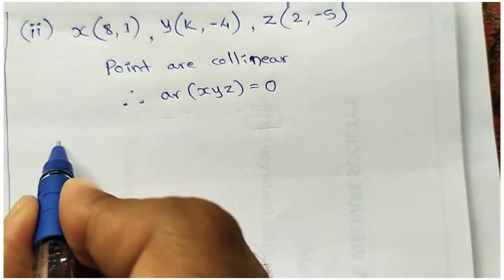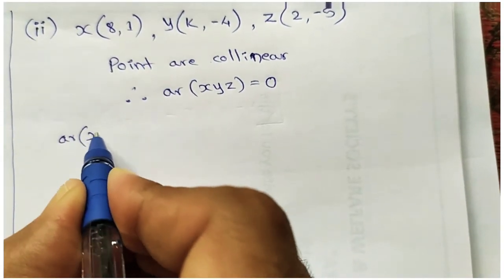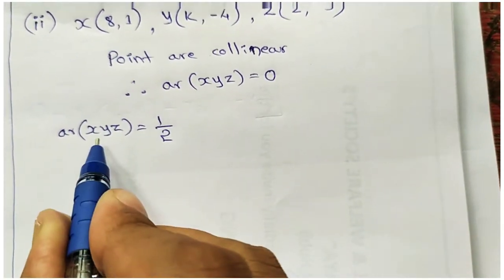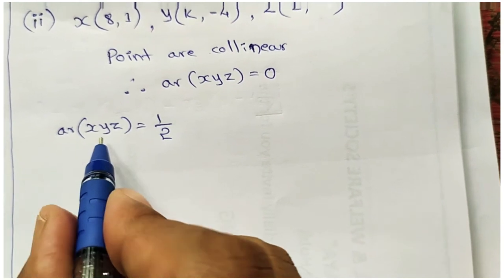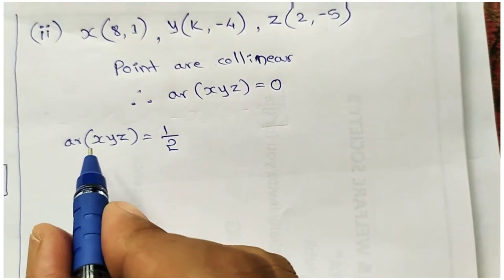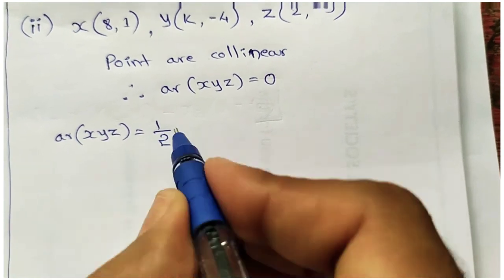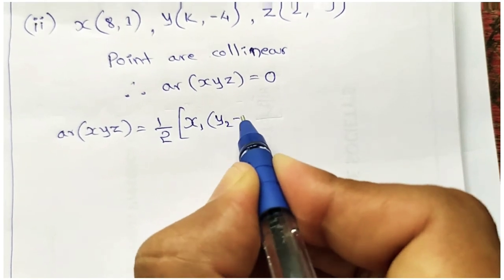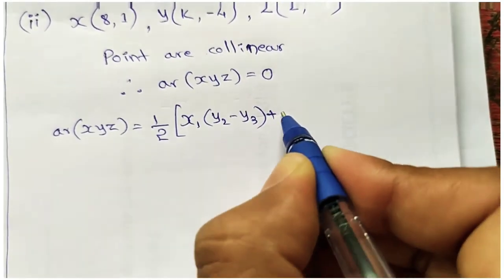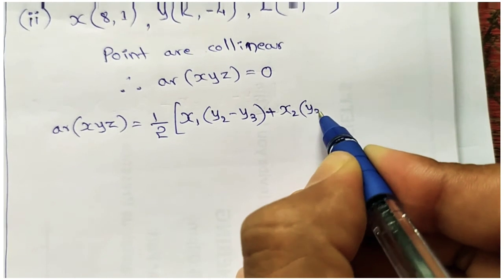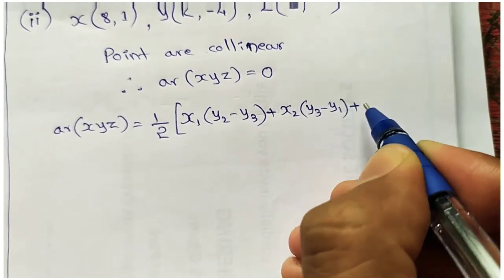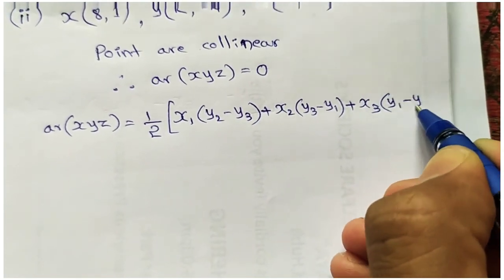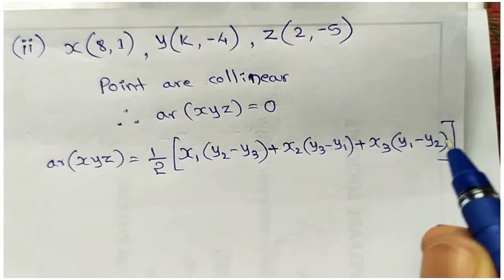Using the formula, area of x, y, z equal to 1 by 2 into x1 into y2 minus y3 plus x2 into y3 minus y1 plus x3 into y1 minus y2. You can take any alphabets here, or else you can directly take area of triangle also.